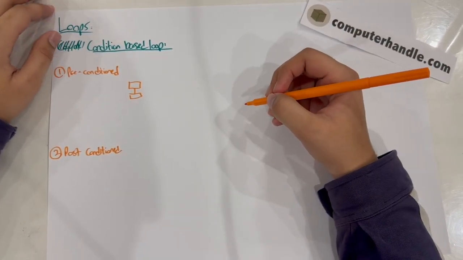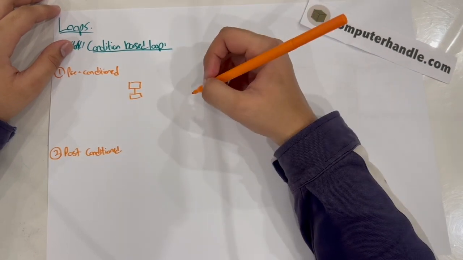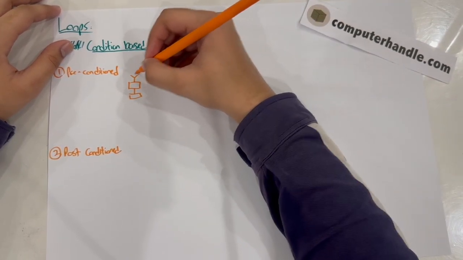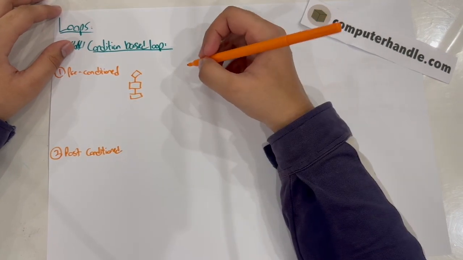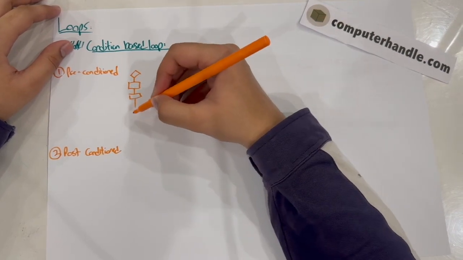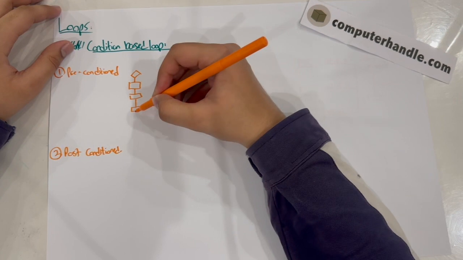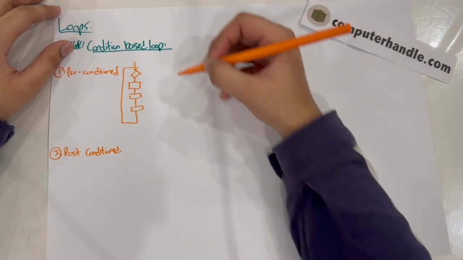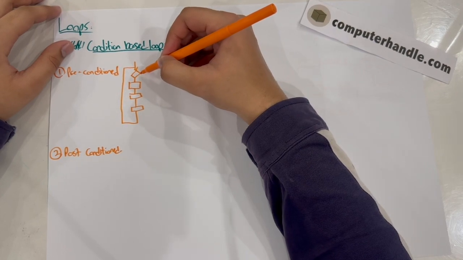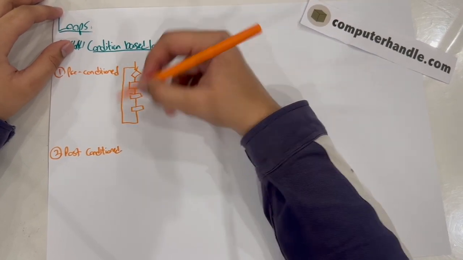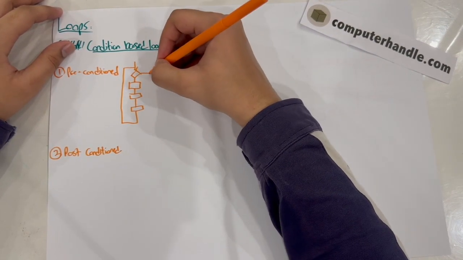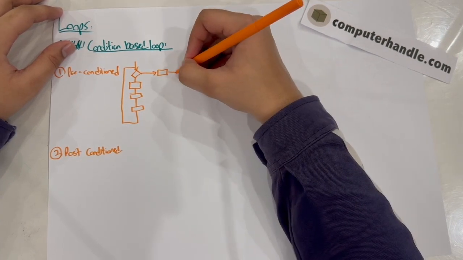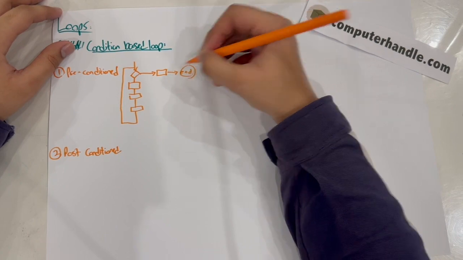Before the processes need to happen, we have our condition right here, and the condition will define the process, which will bring us back here. And if the condition is, for example, true after the loop has been repeated certain times, it's going to go through the ending process, and then eventually end.